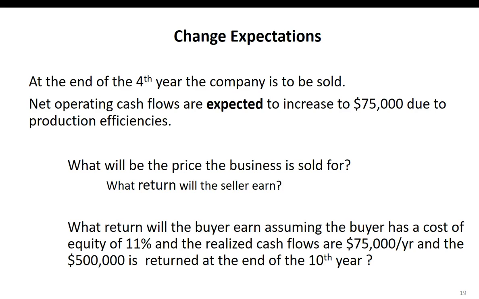However, we now expect the net operating cash flows to increase to $75,000 a year due to production efficiencies. So, first question is, what will be the price of the business when it is sold? And what return will the seller earn?